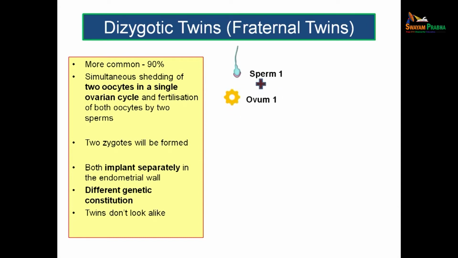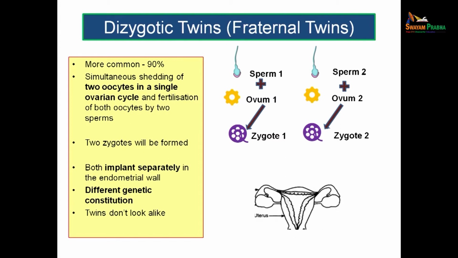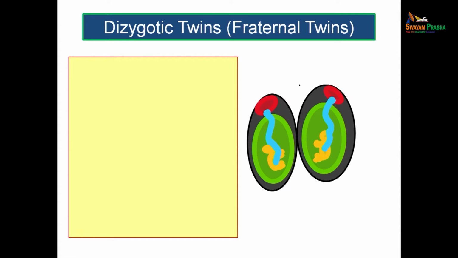So let us see, you have 1 sperm and 1 ovum which is getting fertilized as zygote number 1, and you have another sperm which is getting fertilized with another ovum, and you get the second zygote. Together these 2 zygotes are getting implanted in the uterine cavity. This is what is happening during the formation of dizygotic twins or fraternal twins.